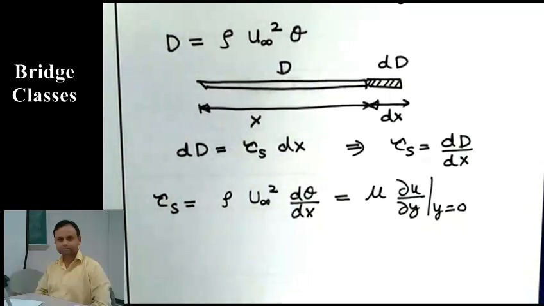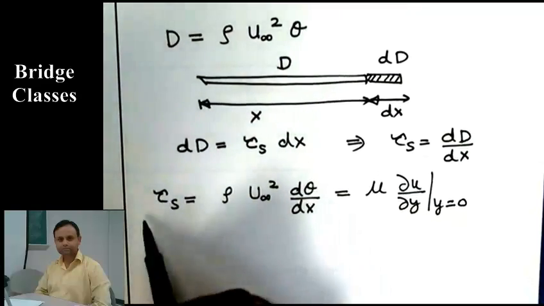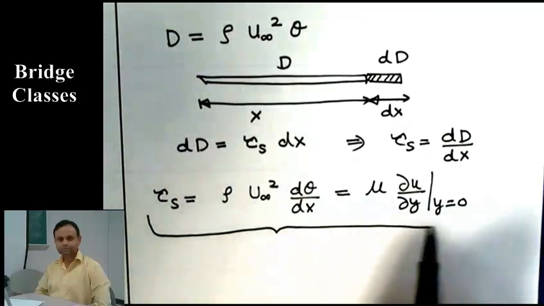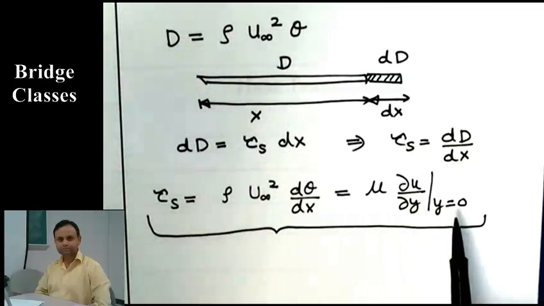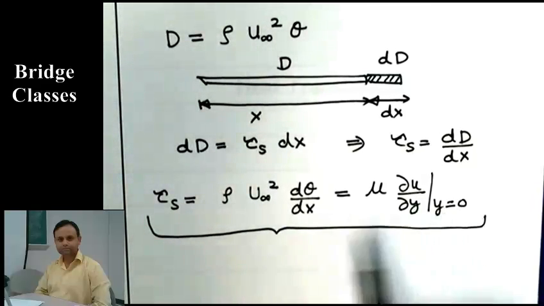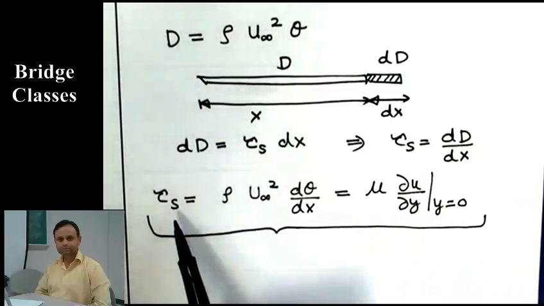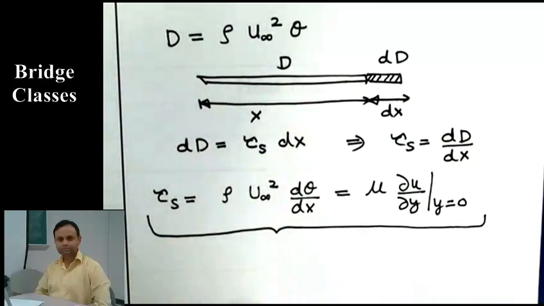By definition it is equal to that. We will assume a velocity profile and use this, and it gives us tau s, and once you have tau s you have cf, because cf is just a non-dimensional form of tau s. So you'll get cf and you will also get the boundary layer thickness. This approach is very powerful.